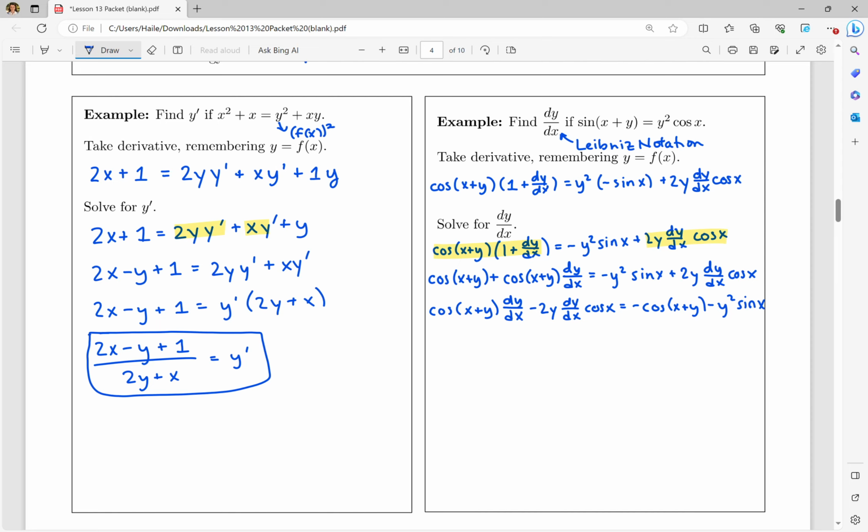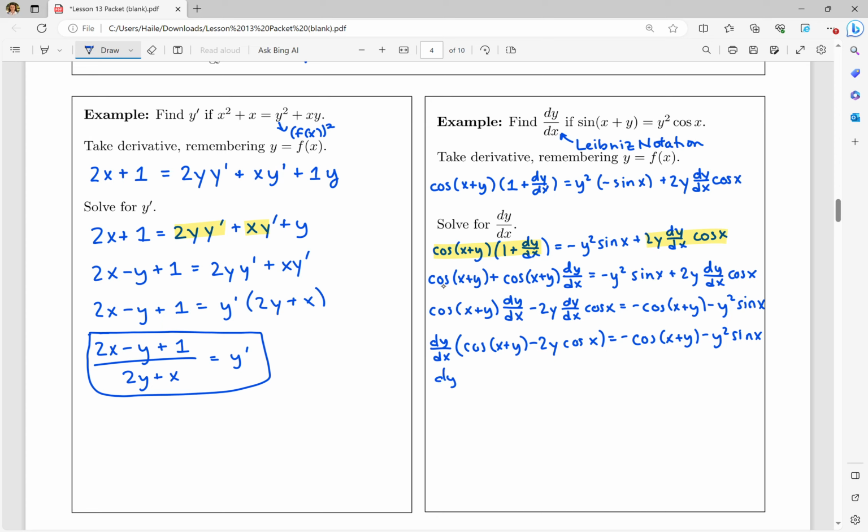And finally, I can factor out the dy/dx. So I'll get [cosine(x plus y) minus 2y cosine x] is equal to negative cosine(x plus y) minus y squared sine x. And I can divide by that factor that's left over.